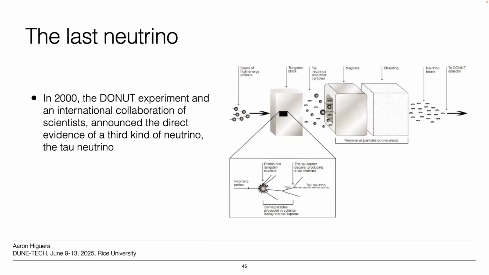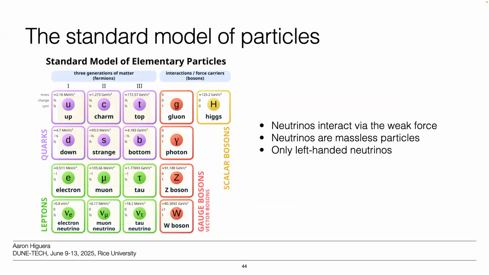But also within the standard model, there is a third generation. We should see another lepton, which is the tau. And of course, following the recipe, we should have a neutrino associated to the tau, right? Remember, for every lepton, you have the neutral lepton, which is in this case the neutrino.